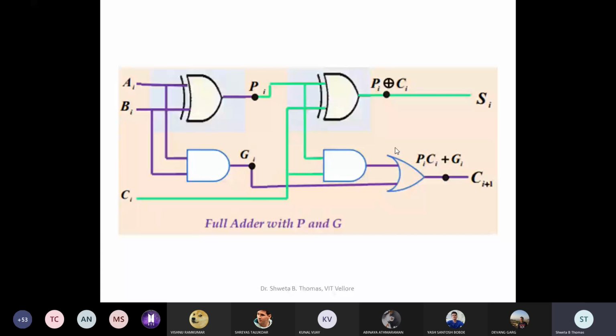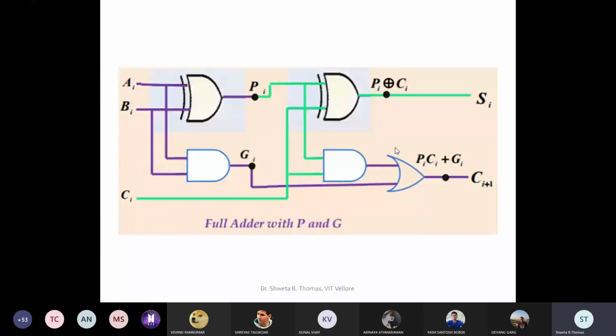So these two are XORed, multiplied with the previous carry, and added to Ai Bi for the next stage. So this is the logic diagram for this full binary parallel adder. Here, instead of giving the values C0, C1, C2, C3, we give the subscripts i and i plus 1, so that you can hold it for any number of stages.